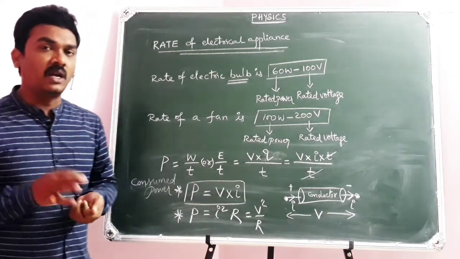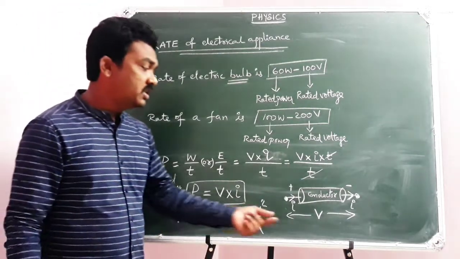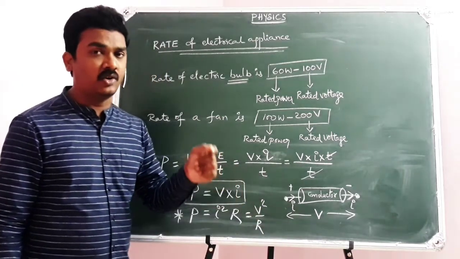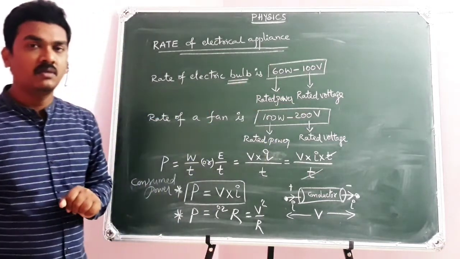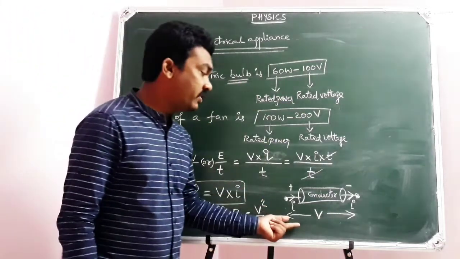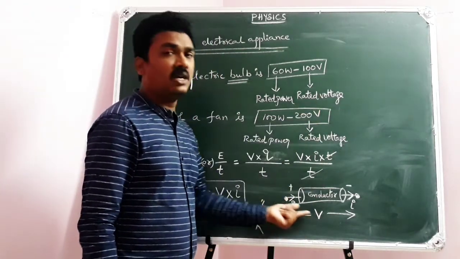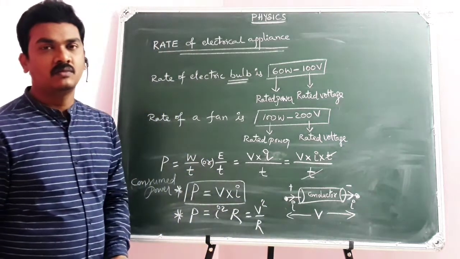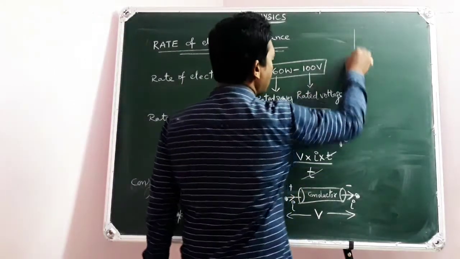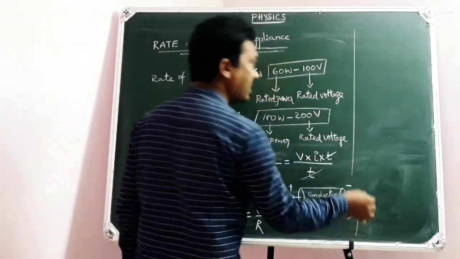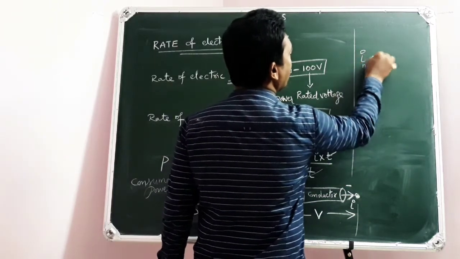So I am concluding here. An electrical appliance will get damaged when the potential difference across the appliance in the electric circuit is more than its rated voltage. Why? When the potential difference across the appliance is more than the rated voltage, then more current will pass through it. Then it will get damaged. That is the reason why, from this rating of the electrical appliance, you can even calculate the maximum current that we can allow through the electrical appliance.